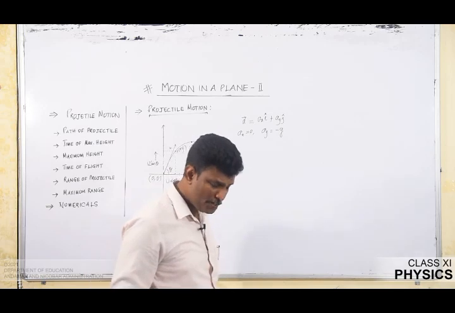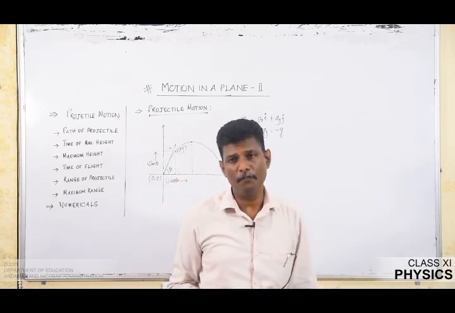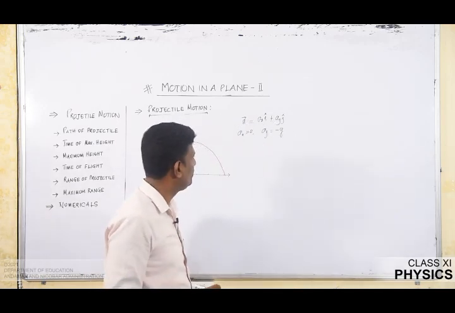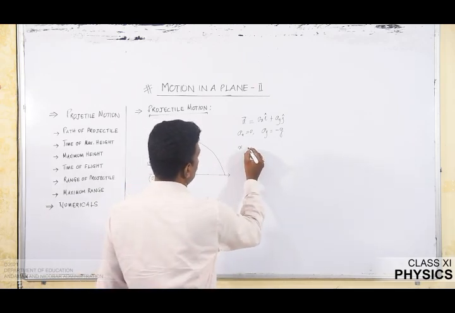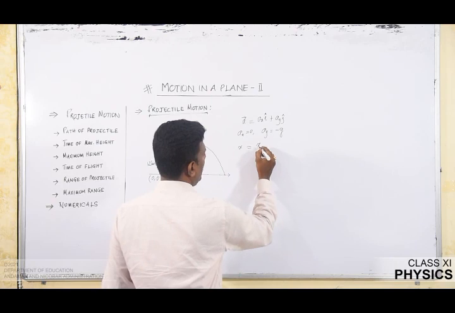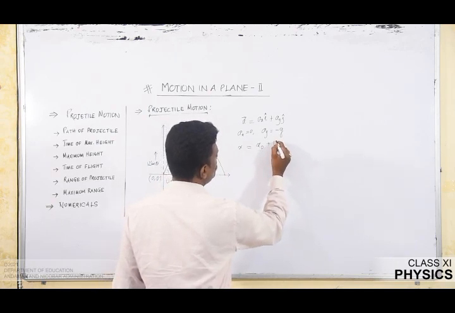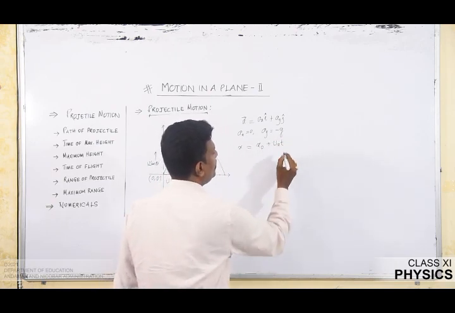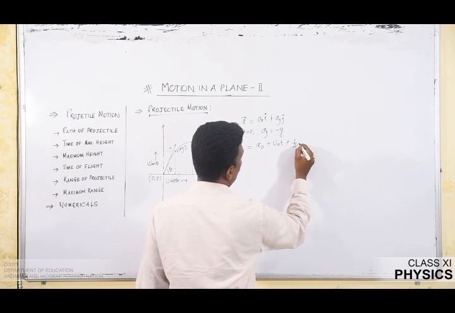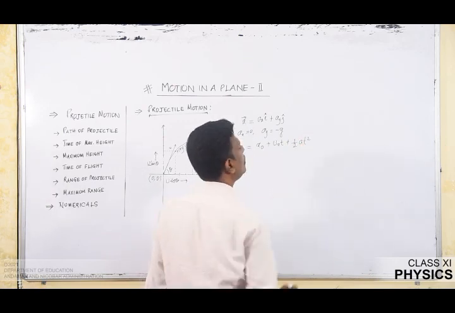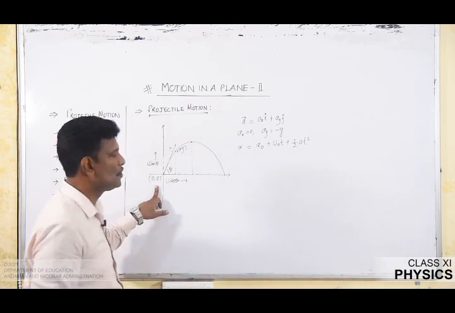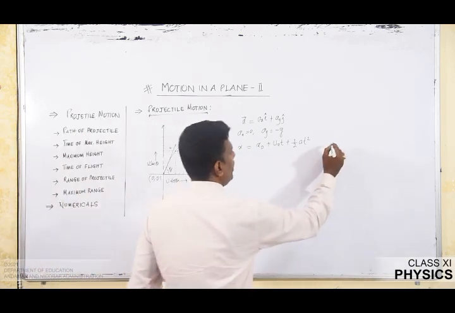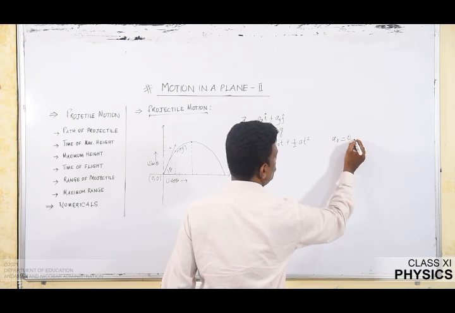Now, from the previous class we have derived the equations of motion. From the second equation, we know that x is equal to x naught plus ux t plus half a t square. In this case x naught is 0.